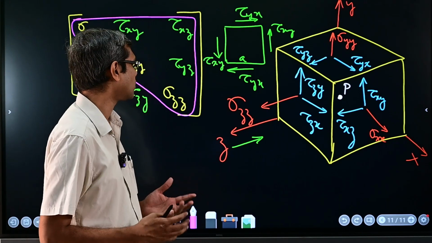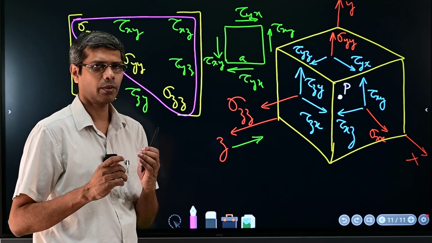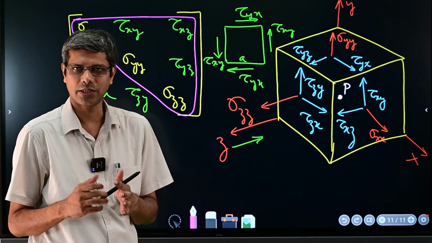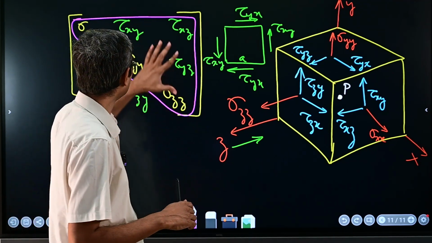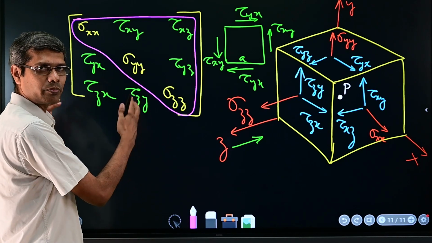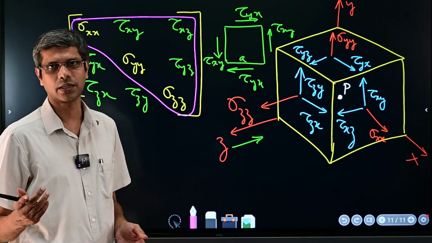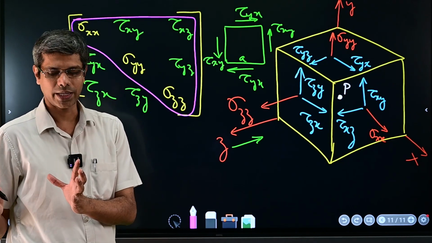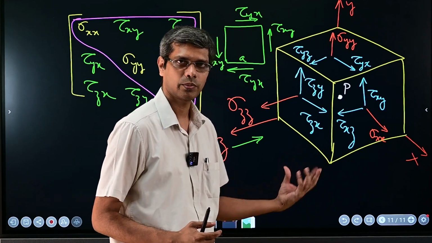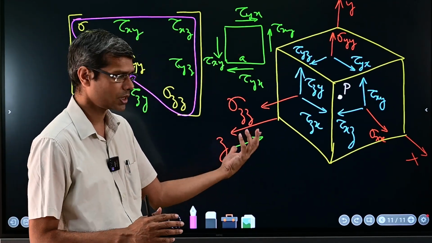That's what I was saying, that the stress as a tensor, that physical property, doesn't change, it remains as it is. These are its components. Never think that this matrix is the tensor. This is the matrix representation of the tensor, which is the stress, which is an invariant. The stress doesn't change if you change the coordinate system. A tensor is invariant under coordinate system transformation, rotation.